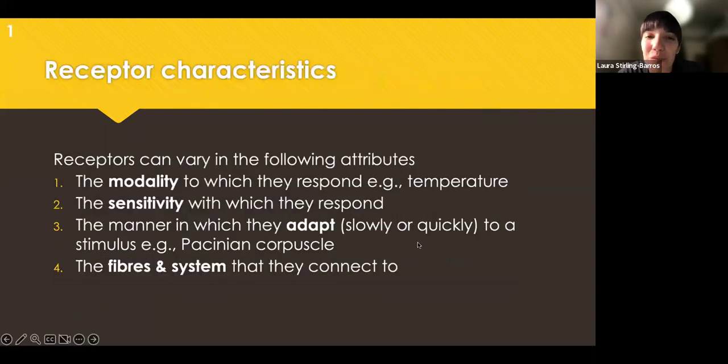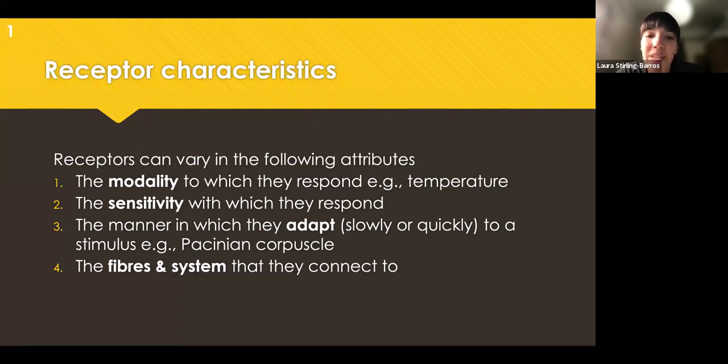Okay, so for receptors, there are different characteristics. As we said before, the modality, which means what type of physical sense they're responding to, light, temperature, and also sensitivity, which can mean does it have a low threshold or a high threshold, and how they adapt, for example, in the Pacinian corpuscle you probably came across.